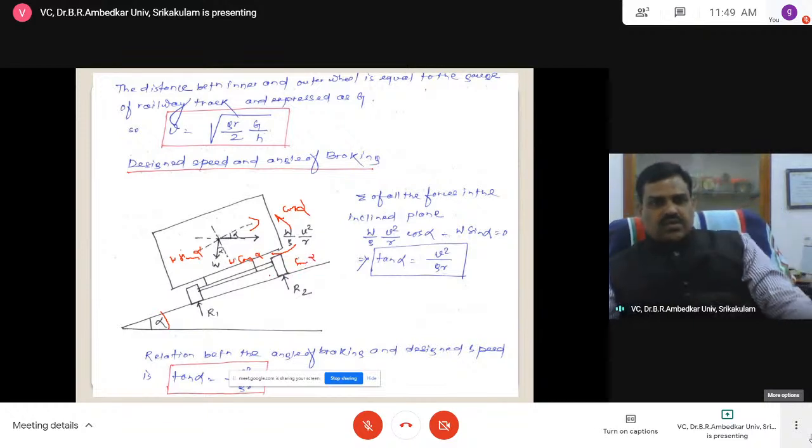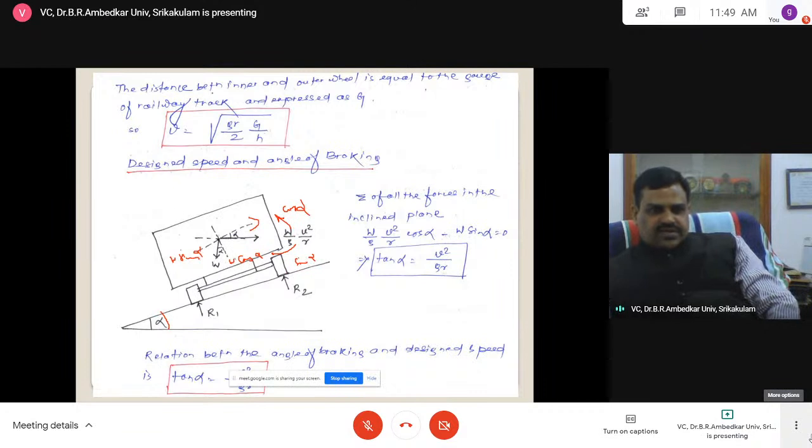Now as far as the x direction is concerned, the inertial force W by G V square by R cos alpha is positive in the direction of force, but it is acting in the opposite direction. That's why minus W sin alpha, because this is equal to the inertial force, D'Alembert's principle. The sum of the forces is equal to 0. I applied the inertial force, a centrifugal force.